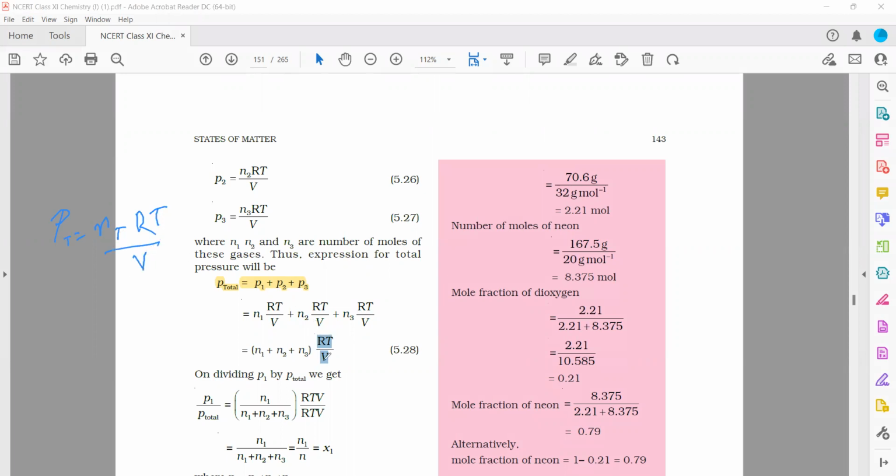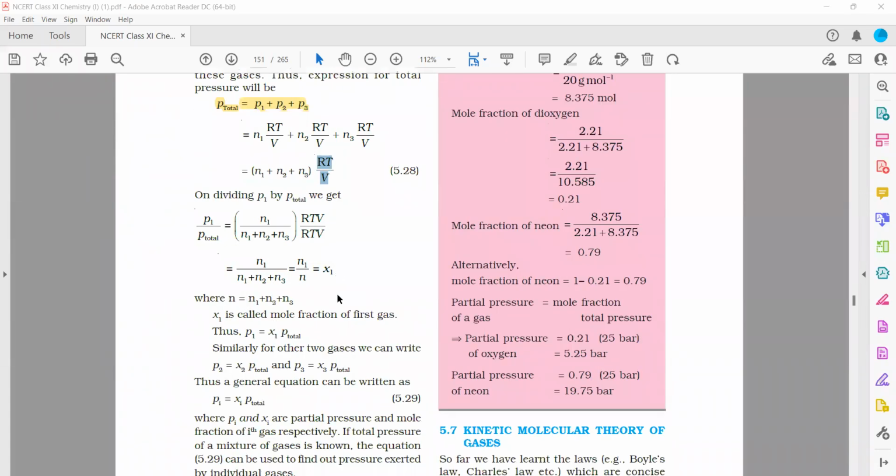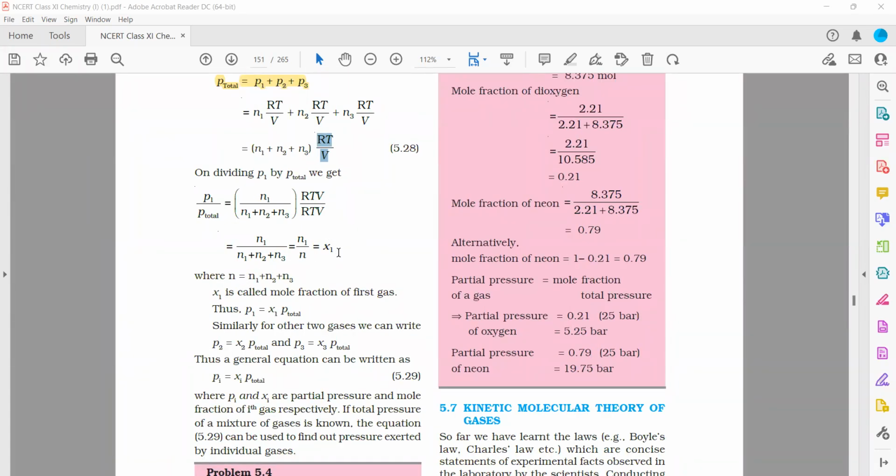So you can change this RT upon V by P total upon N total. That is what is done over here. If you do it like this, we know that N1 upon N total is equal to the mole fraction of 1, similarly N2 and N3 also. When you solve this, you will get the equation as this one.